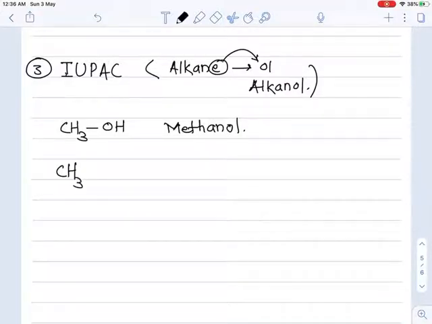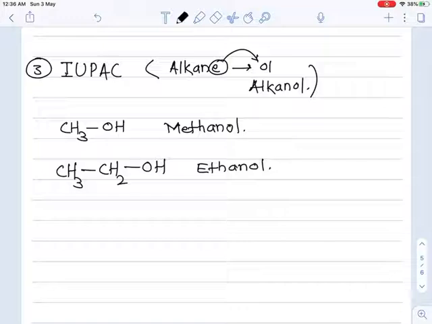If we take a second example, a two carbon containing alcohol, CH3CH2OH. Here there are two carbons. Which two carbon containing alkane is there? Ethane. So from ethane, E is replaced by OL, that is ethanol.